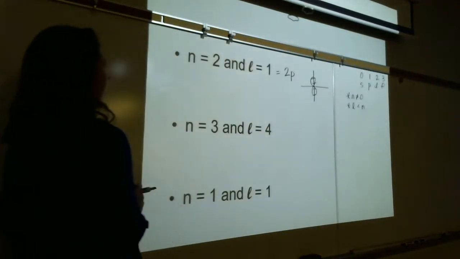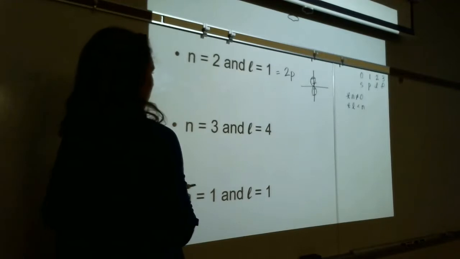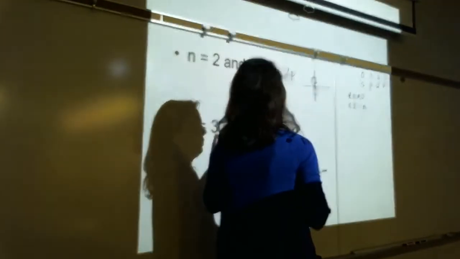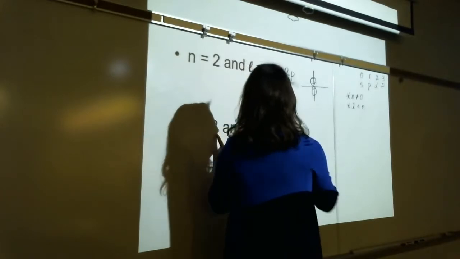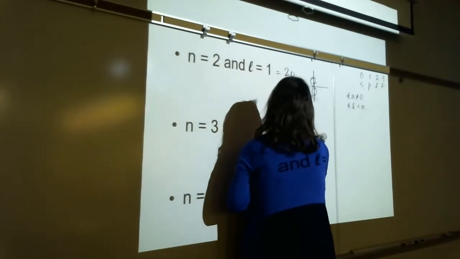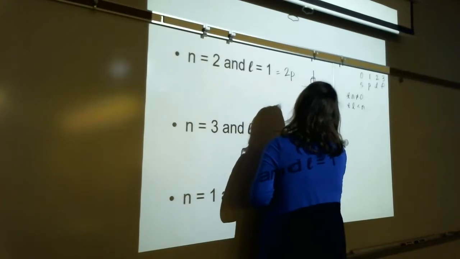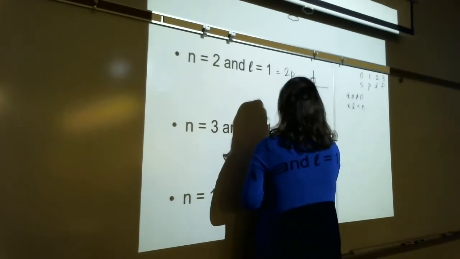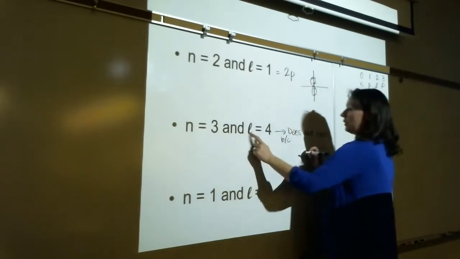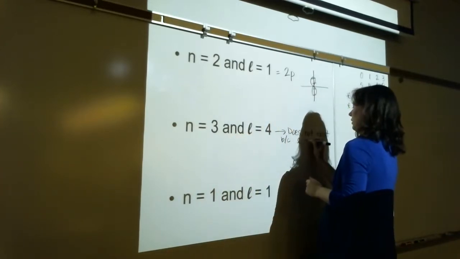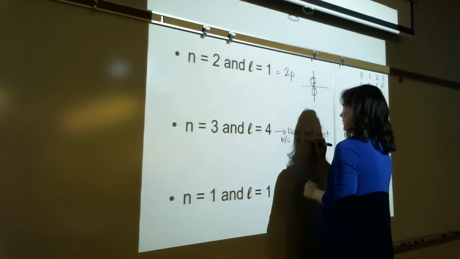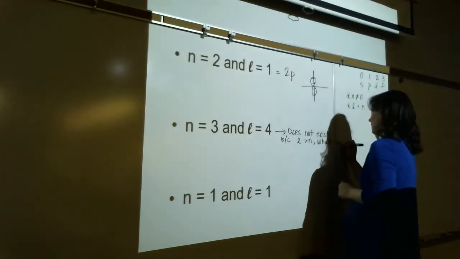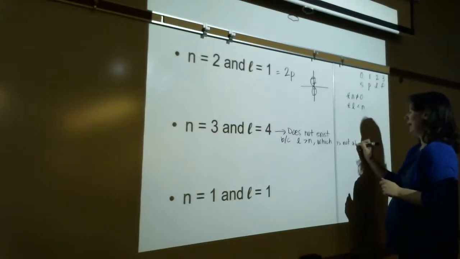Okay, what about this one? n equals 3 and L equals 4. That doesn't exist. Why? Exactly, it does not exist because L is greater than n, which is not allowed.